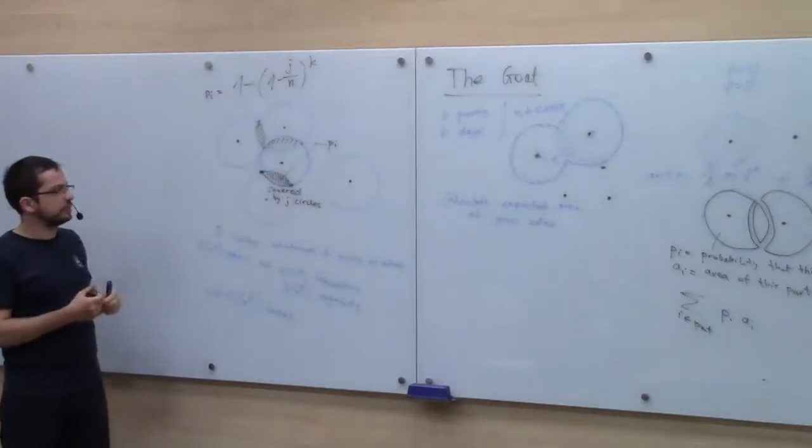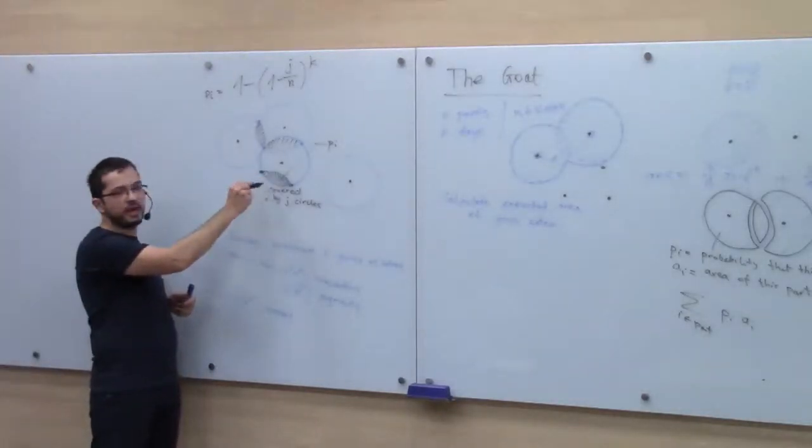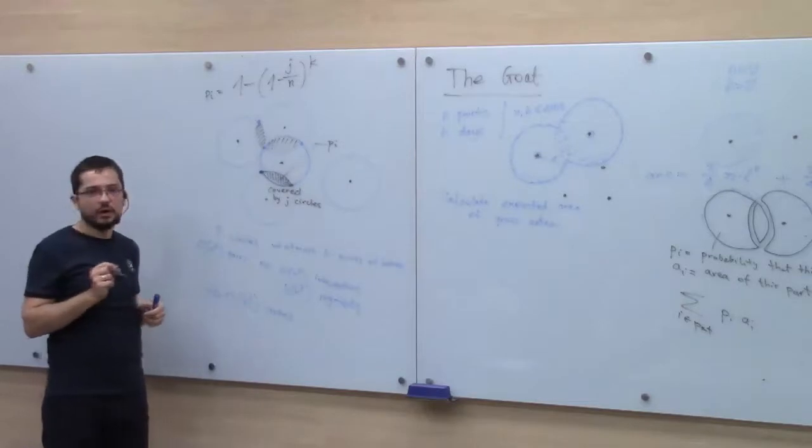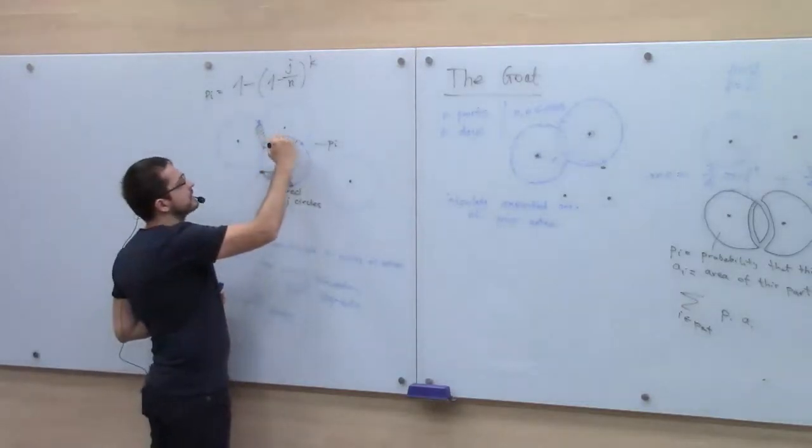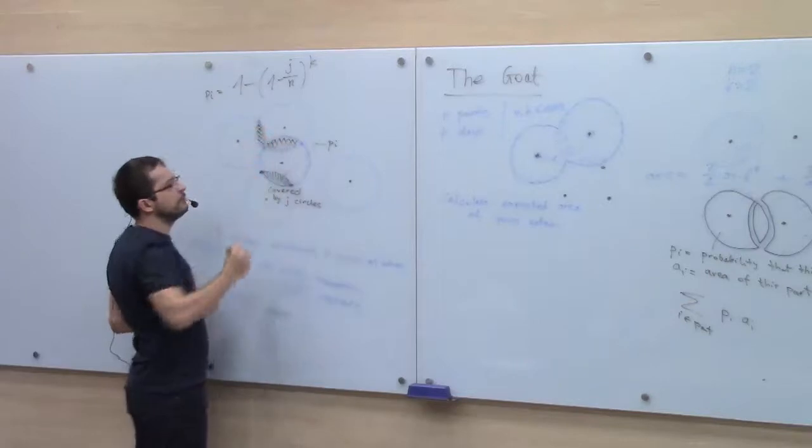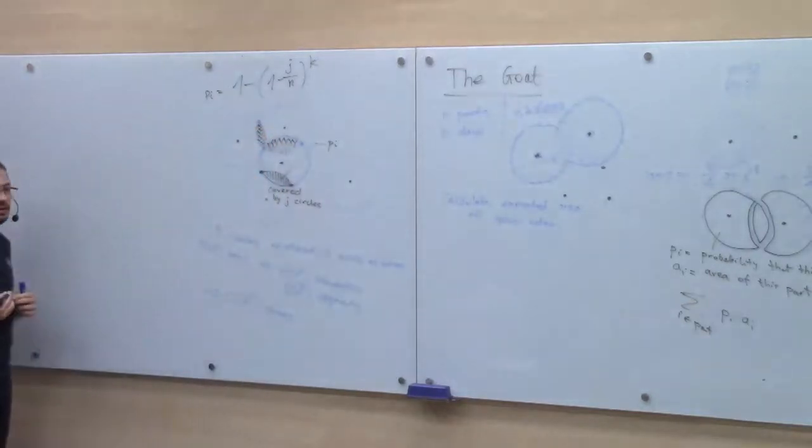So actually we don't need to calculate the area of every possible part. We only need to calculate the sum of the parts which have the same number of circle covers.